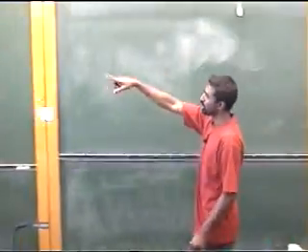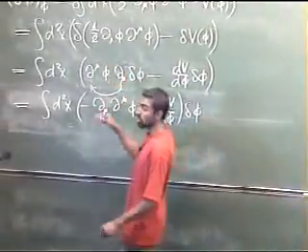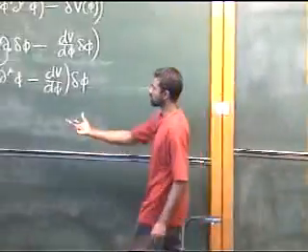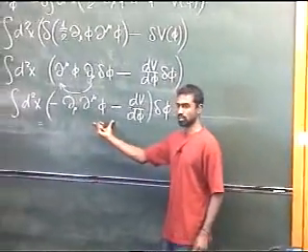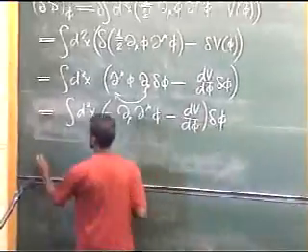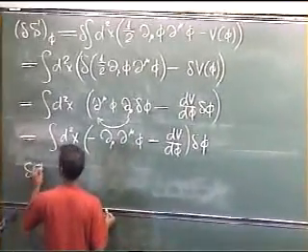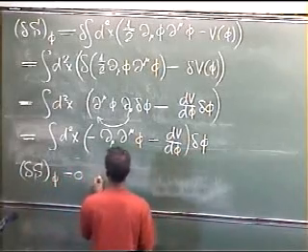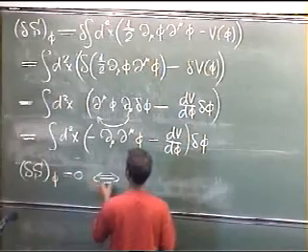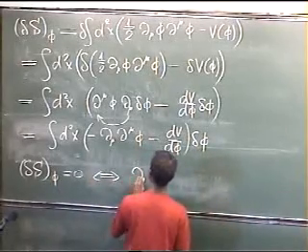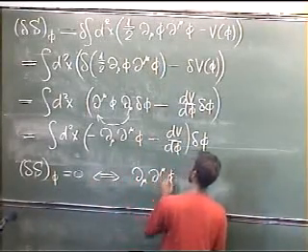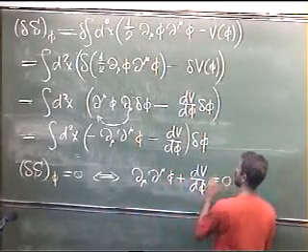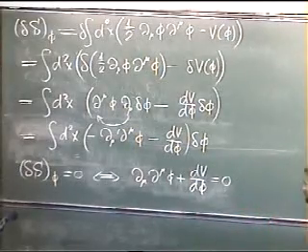So I want delta S to be equal to 0 for all delta phi. And the only way that's true is if this guy vanishes. So delta S equals 0 if d_mu d^mu phi plus dV by d phi equals 0. So that's the Euler-Lagrange equation that I get from here.